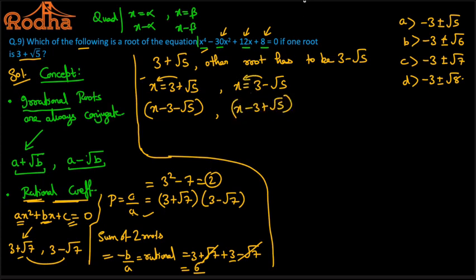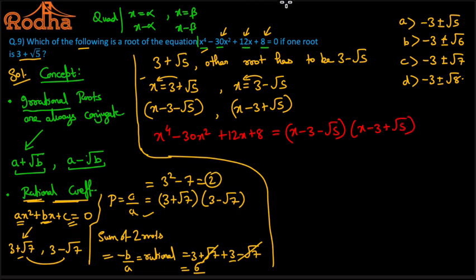So the point is basically my main equation was x raised to 4 minus 30x square plus 12x plus 8, and this I have factorized as x minus 3 minus root 5 into x minus 3 plus root 5. If you observe here, this is actually a minus b, this is actually a plus b, right?